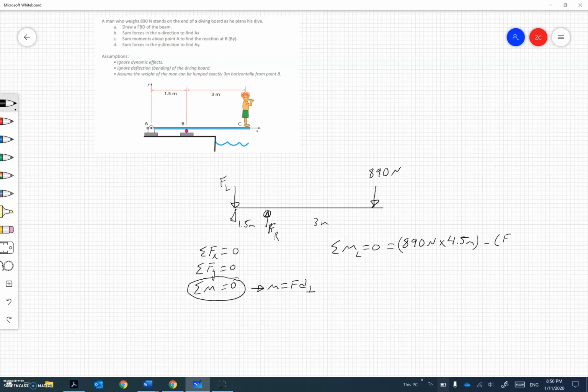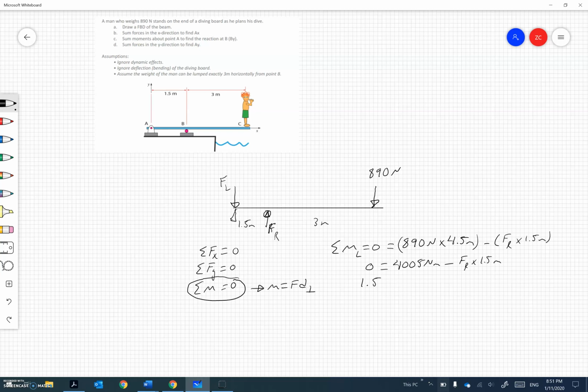So I'm going to have force right times 1.5 meters. So let's resolve that. 890 times 4.5 is 4,005 newton meters.